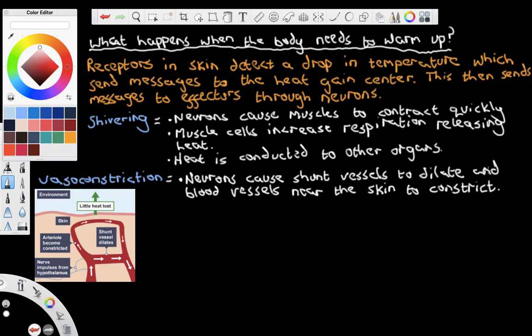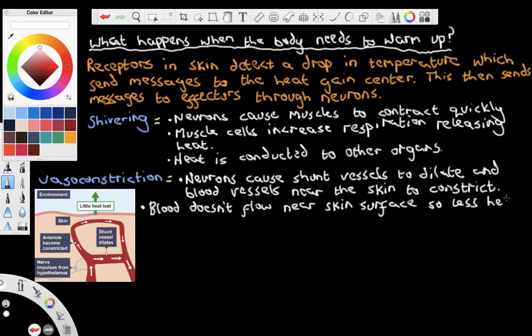Okay? This means that blood doesn't flow as close to the skin and less heat is lost by radiation. So blood doesn't flow near skin surface, so less heat is lost by radiation.